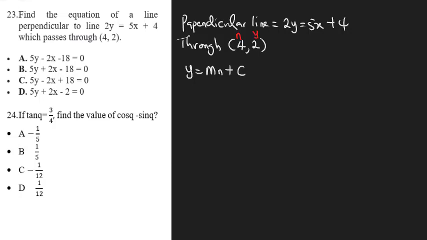We'll see to that later when we solve this. But the first thing to do is to find the gradient using this one. So we have 2y equals 5x plus 4. So divide all through by 2.